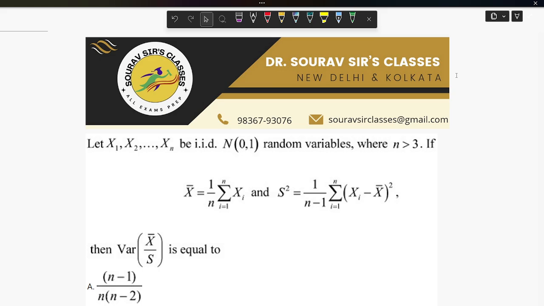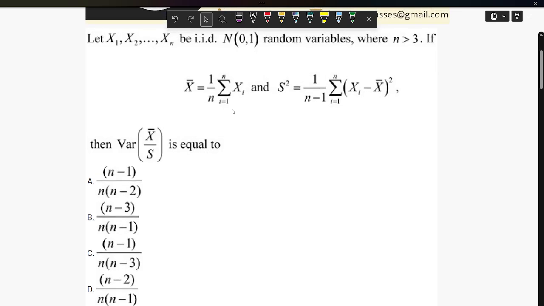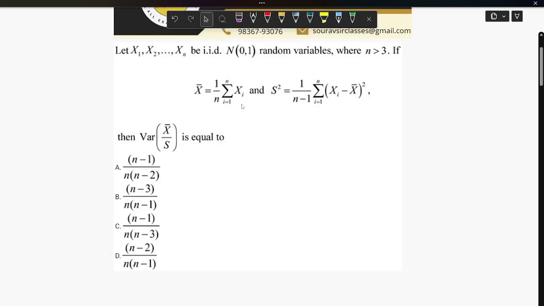If X bar is equal to 1 by n, that means the mean of the n variables, and S squared is equal to 1 by n minus 1, the summation i equals 1 up to n of (Xi minus X bar) whole squared, then we have to find the variance of X bar by S. There are four options here: A, n minus 1 upon n into n minus 2. Option B is n minus 3 by n into n minus 1. Option C is n minus 1 by n into n minus 3. And option D is n minus 2 by n into n minus 1.